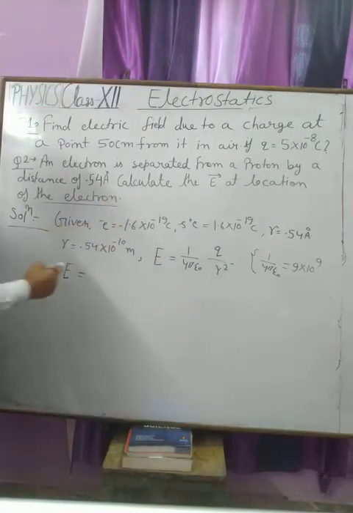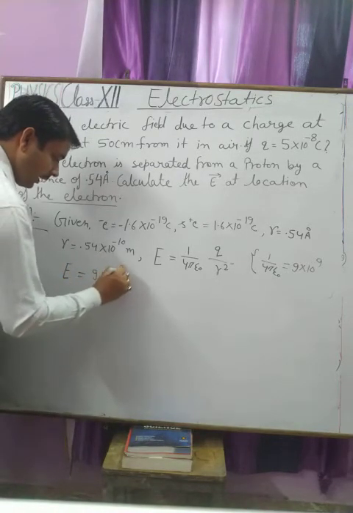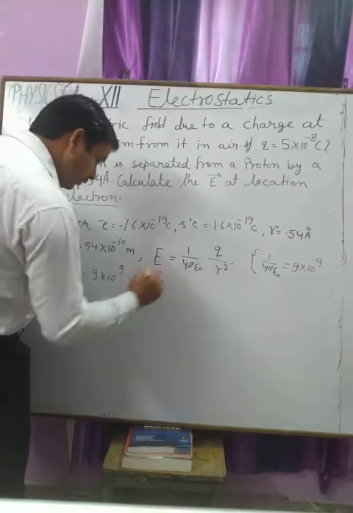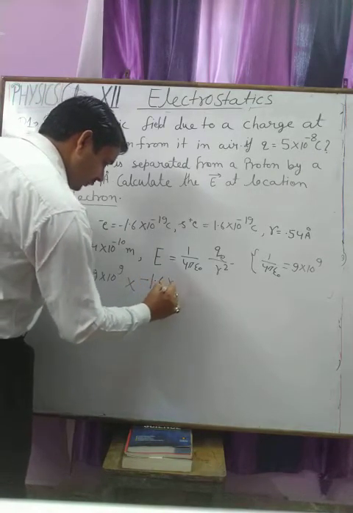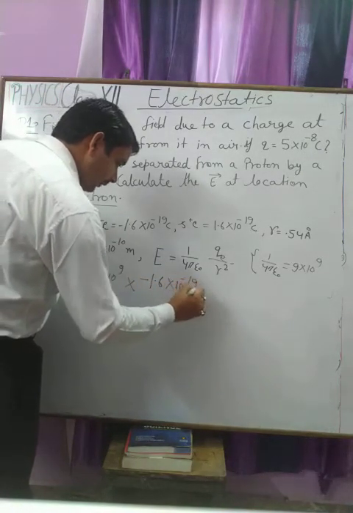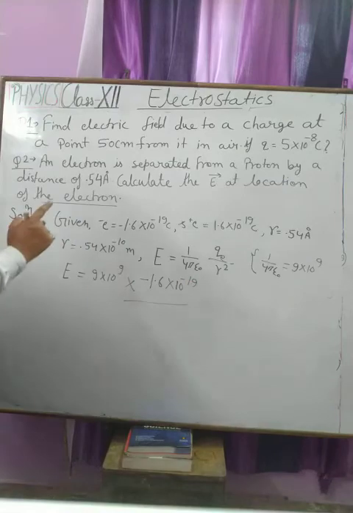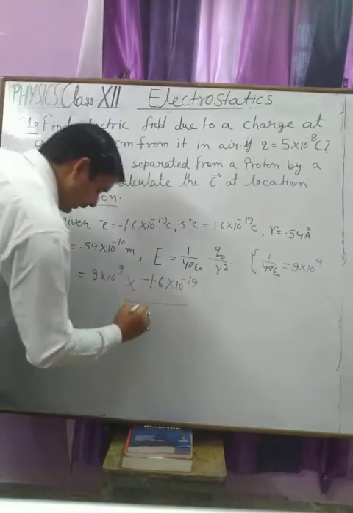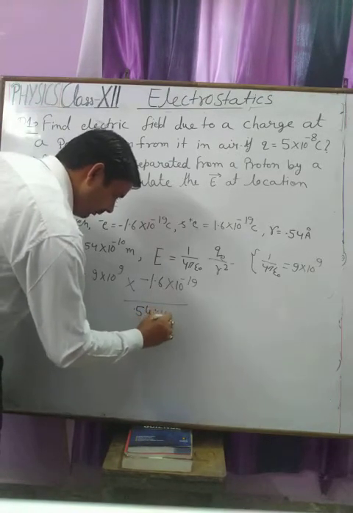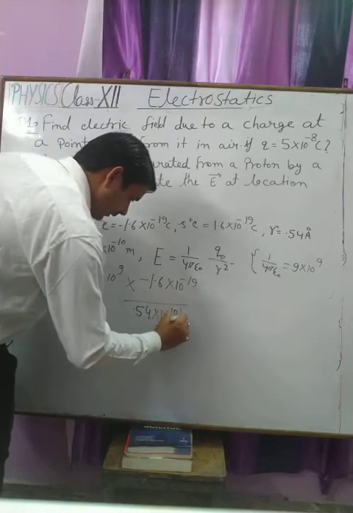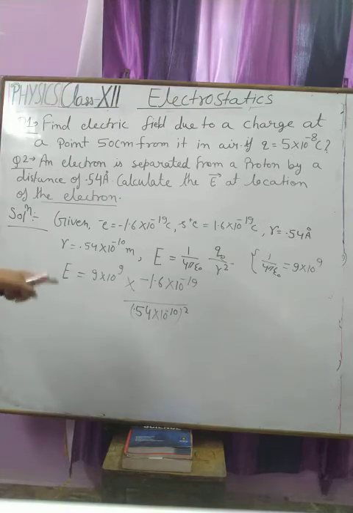So we are using this value here, that is 9 into 10 to the power 9 into charge on electron, we are using Q_e, that is minus 1.6 into 10 to the power minus 19 upon the distance at the point where we need to calculate the electric field, that is 0.54 into 10 to the power minus 10 square.